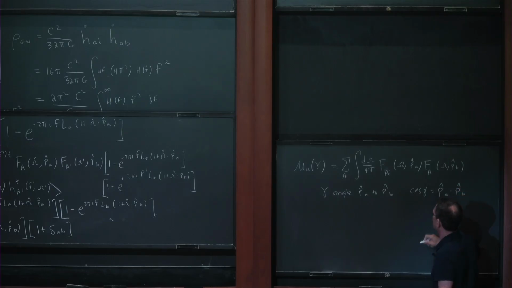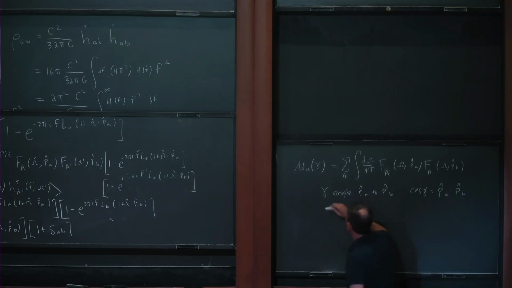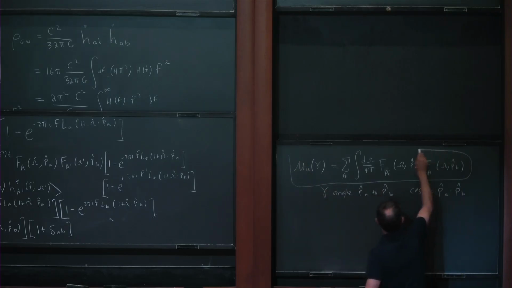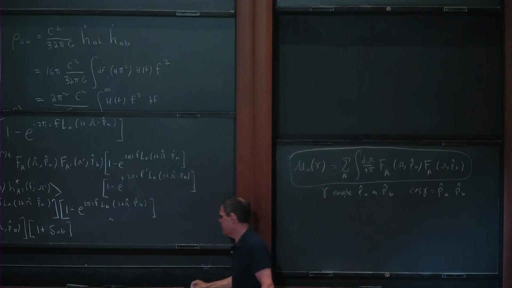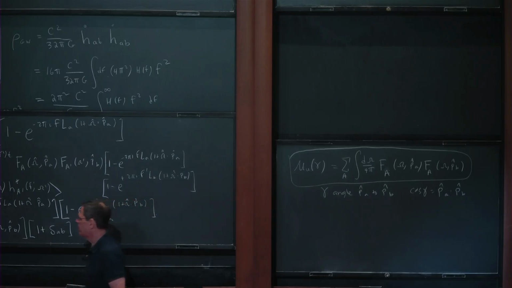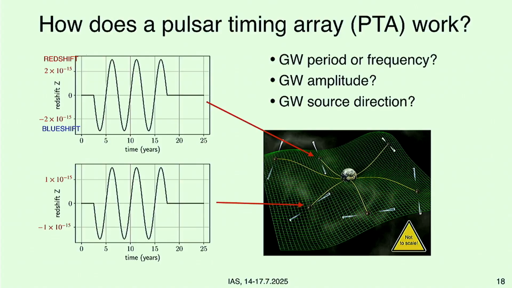Okay. So this is called the Hellings and Downs curve, or the Hellings and Downs correlation. And it gives rise, this is the topic for the next lecture, I'm sorry I've run over time here, to a correlation between the redshifts, or timing residuals, from different pulsars.